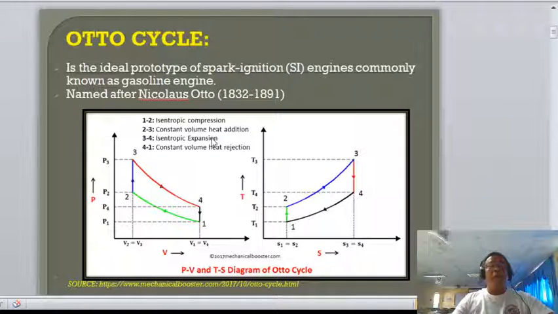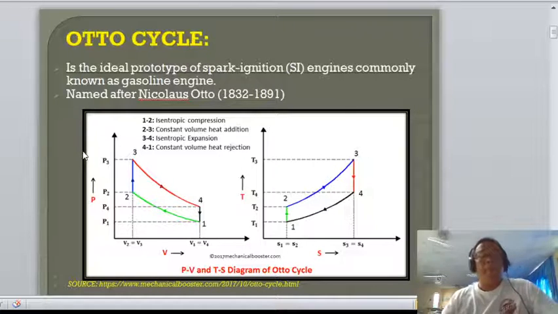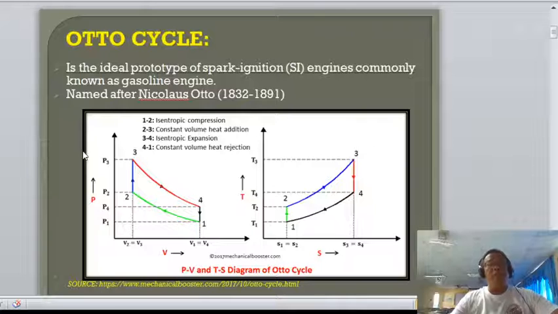Considering the first diagram, we will notice that this cycle is composed of four state points, as you see in the PV diagram: 1, 2, 3, and 4.